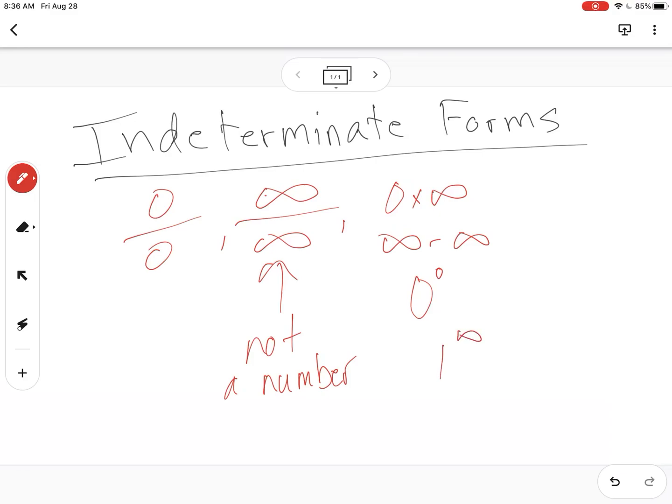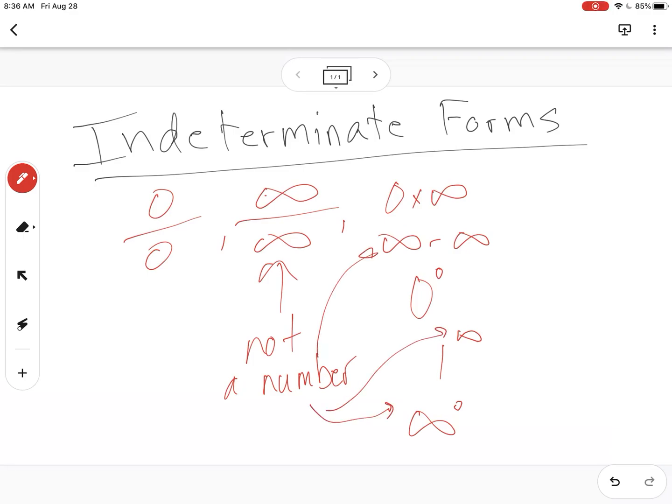Another one would be 1 to the infinity. Again, 1 to any power is 1, but infinity is not a number, so it doesn't apply to the same rules. The last one I'll say is infinity to the power of 0. Anything to the power of 0 is 1, but the problem is infinity is not a number. So it makes it more difficult when you're talking about things that aren't numbers.